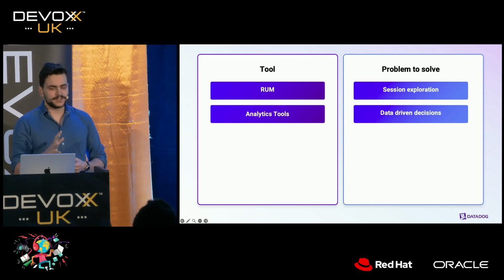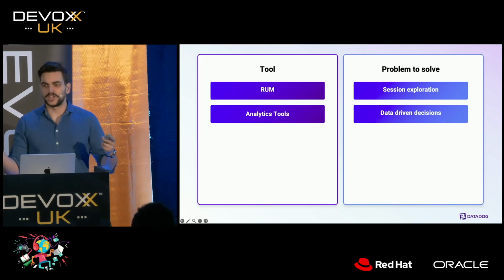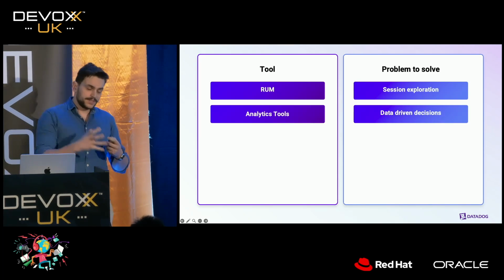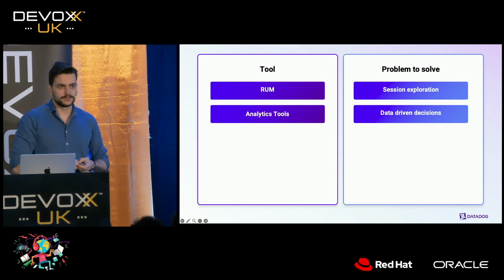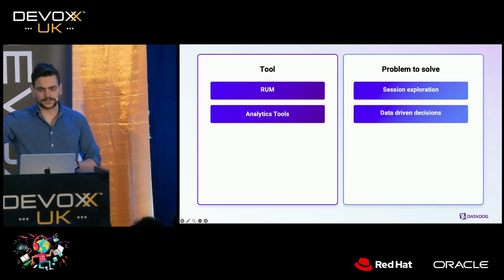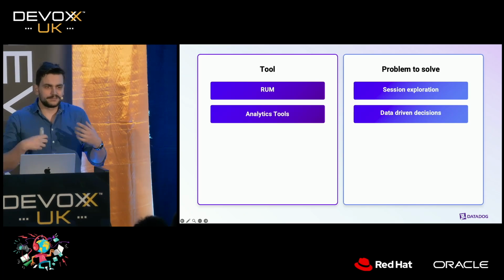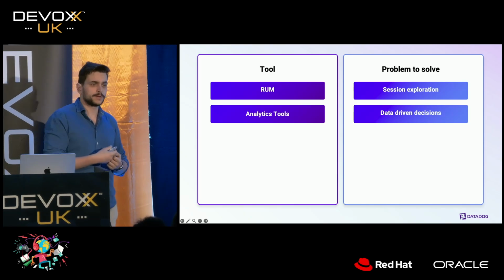Then we have analytics tools to make data-driven decisions. To name one, we have Google Analytics. And this tool can be used either by a developer to understand how their product is used, but also by other services in the organization. Could be marketing, product. And this is used to make data-driven decisions about the product.